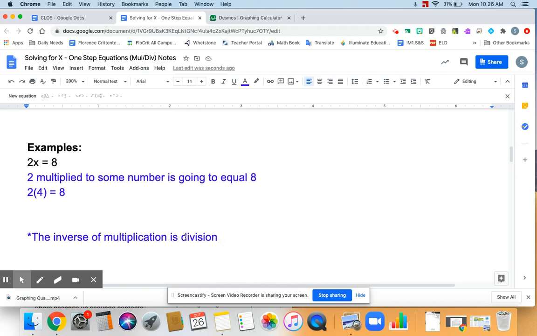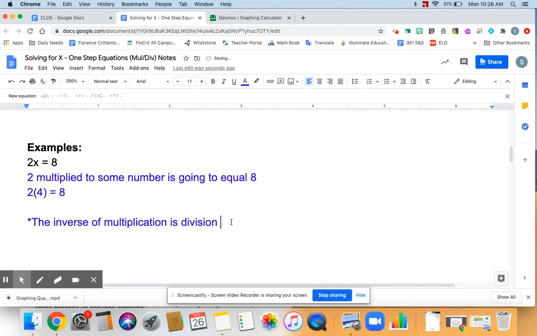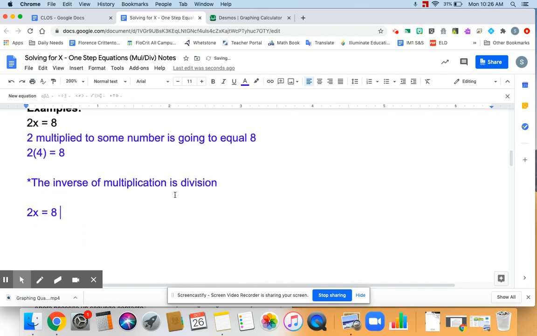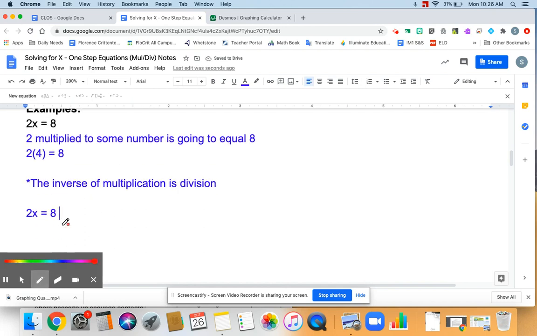So all division is backwards multiplication. So they undo each other. So if I have 2 times x equaling 8, and I want to solve for x, to get rid of something that's right in front of the x that's getting multiplied to it, to undo multiplying, I have to divide both sides by the 2 that's getting multiplied. And here's what happens.